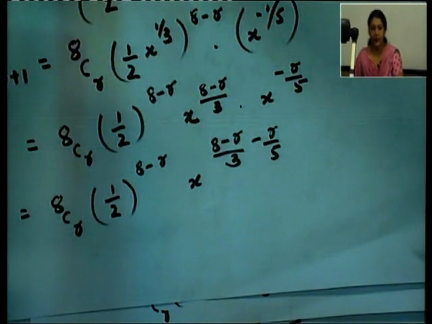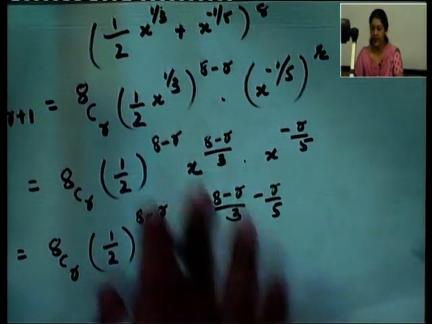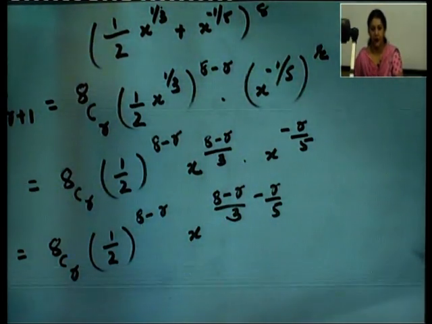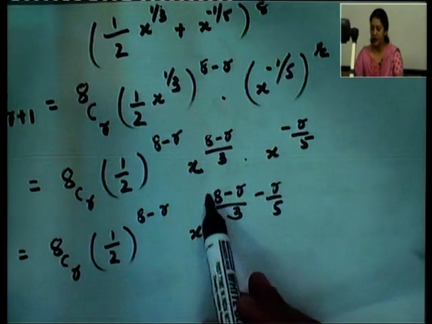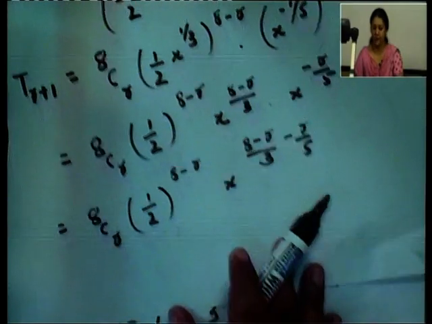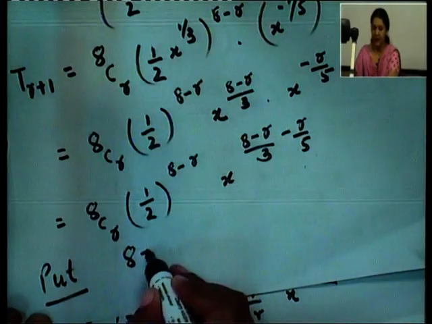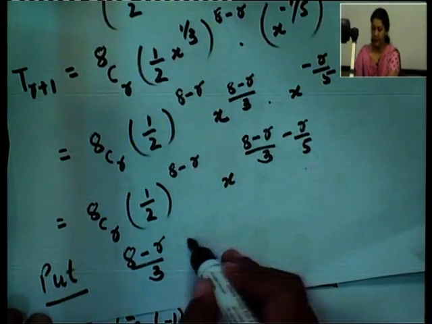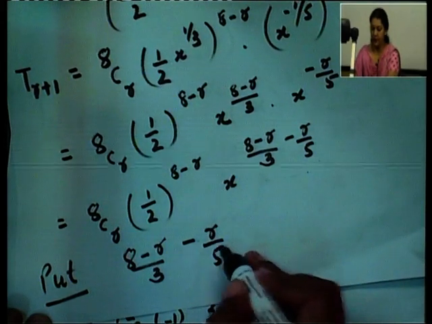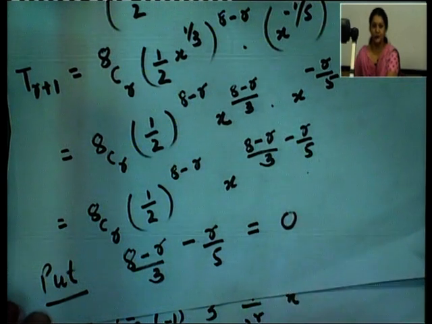We have to find the term independent of x in this expansion. So I want to find the term in which no power of x is appearing. So what will I do? I will put this power to be 0. So put (8−r)/3 − r/5 equal to 0.